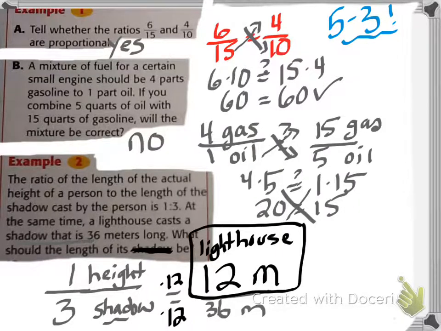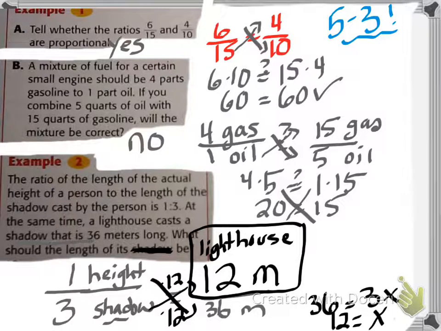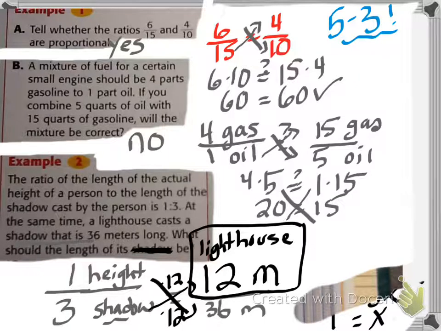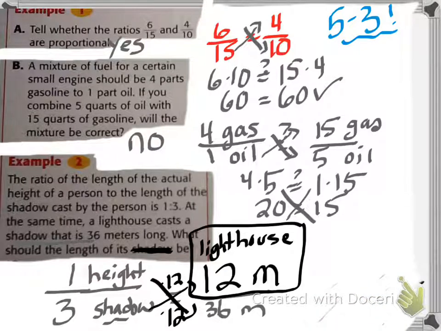If you do the cross products, you will get 36 equals 3x, and then your x would be 12. Both strategies work. It just depends on whether you treat it as a fraction that you can multiply, or do the cross products because it's a proportion. Either way will work.